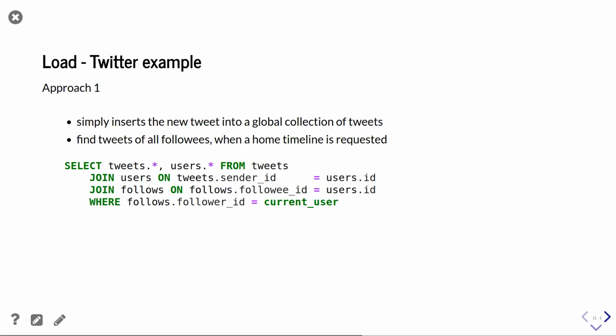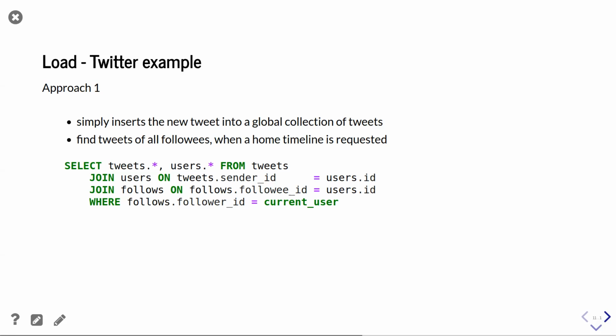Approach one is to simply, when someone posts a new tweet, insert it into a global collection of tweets. So you have a tweets table. Whenever someone tweets, insert it into the tweets table. And then when someone requests a timeline, you just find all the tweets of everyone the user is following and combine them into a home timeline.